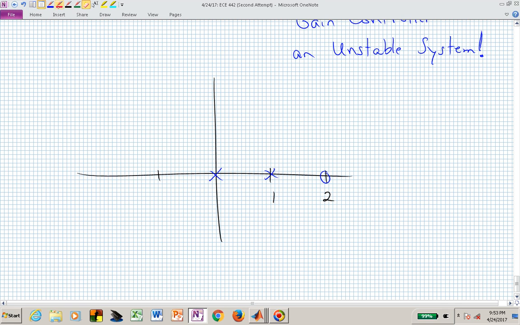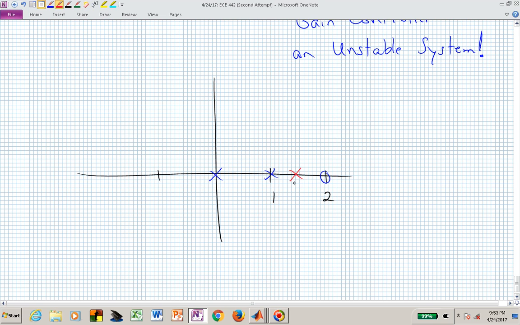And if we put a pole here, that's not going to really do anything for us. We're going to continue to have that branch between, let's say, 1.5 and 2 for any gain k of our controller if we had a pole at 3/2.